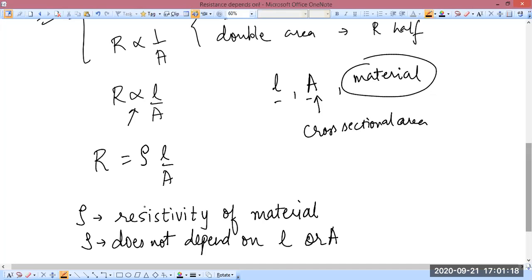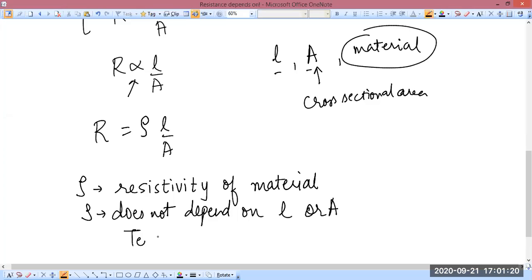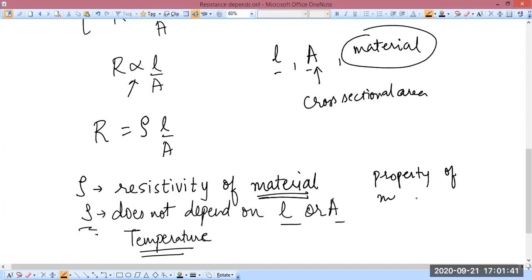Resistivity depends on temperature. It does not depend on length or area. It's a property of material. I repeat, resistivity is a property of material.